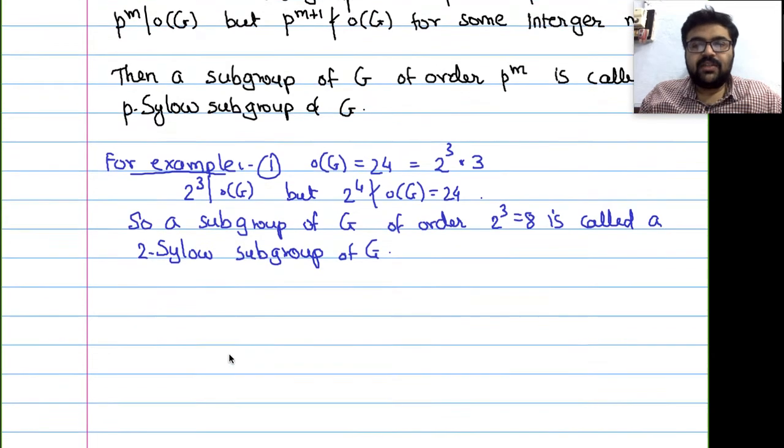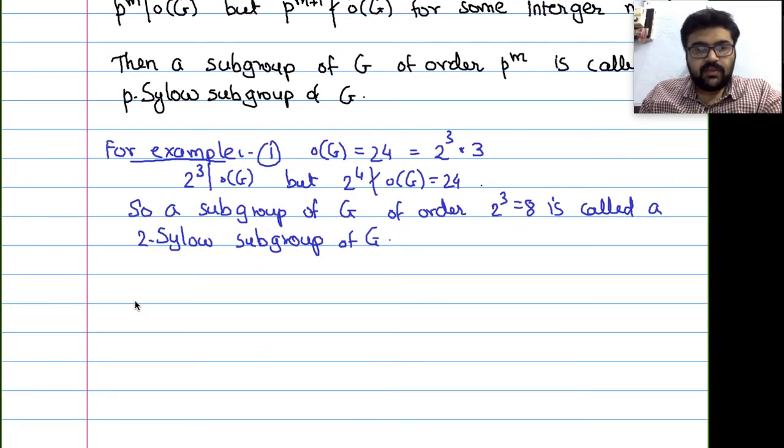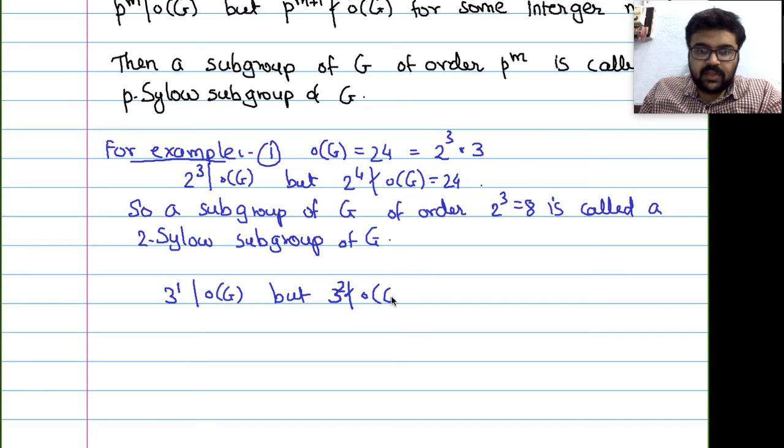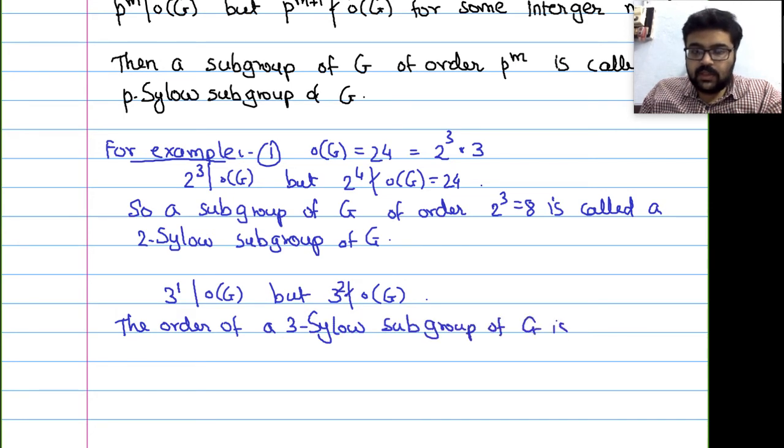And if we consider 3, then 3 also divides. Similarly, 3^1 divides the order of G, 24, but 3 square, 9, does not divide 24. So the order of a 3-Sylow subgroup of G is 3^1.